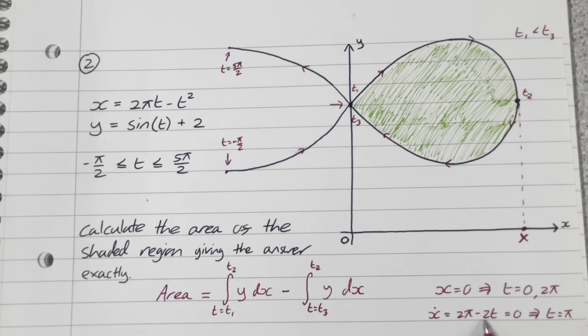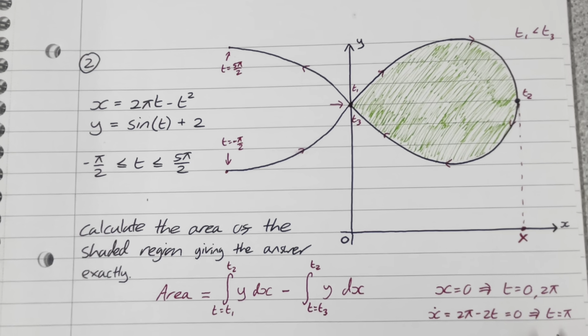This is not something I've necessarily seen before in any of the videos I've done, but I'm essentially just maximizing x. The point where x is being maximized is when dx by dt is 0. You can view it as x as a function of t. In the xt world, what value of t maximizes x? And we get t as pi.